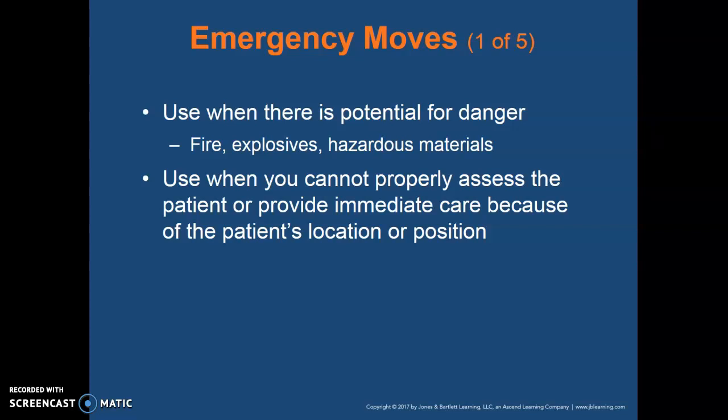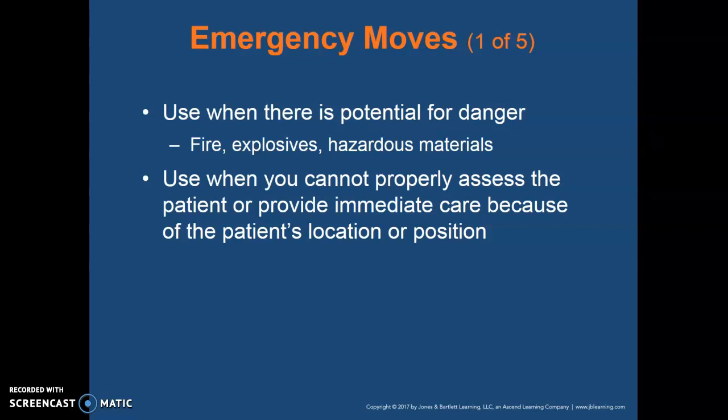Most of the time, it's going to be we've got a couple of minutes and we need to move without fully spinal immobilizing somebody. A car is on fire, that sort of thing. This type of move is going to be when you can't properly assess the patient because of their location or position.